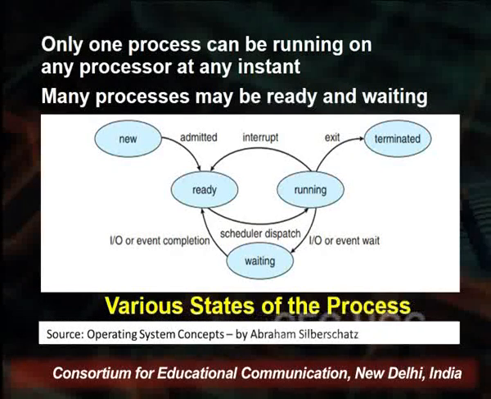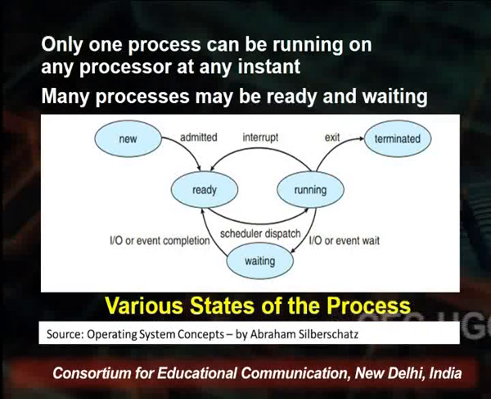So, if you look at the lower U-shaped figure, from running to waiting, and then from waiting to ready again, because the input output or the event has been completed. Now again it is submitted into the ready state.